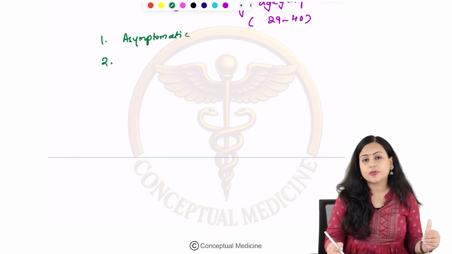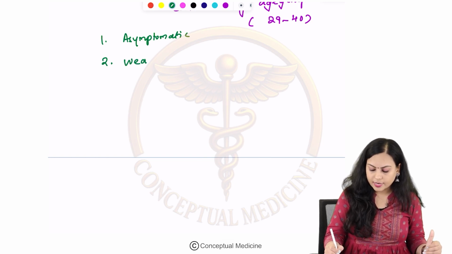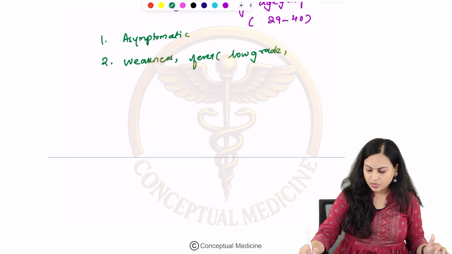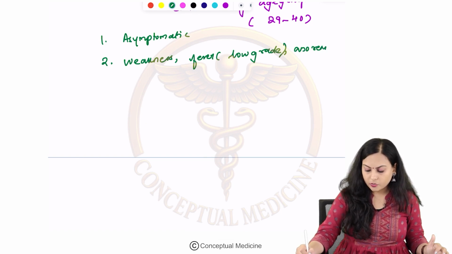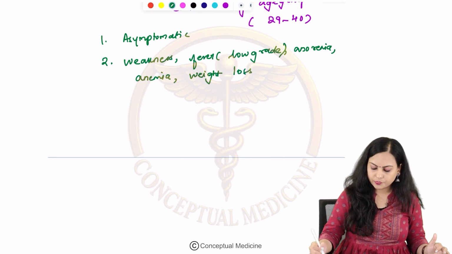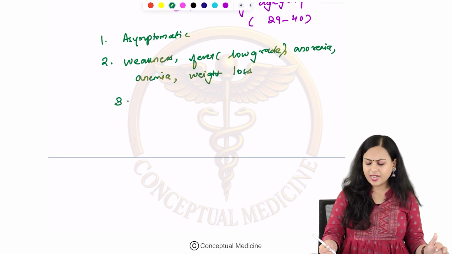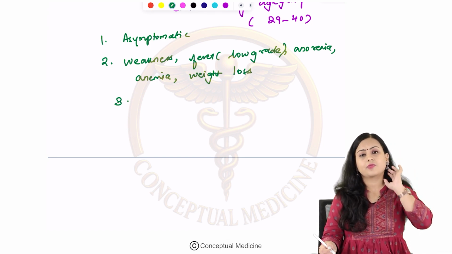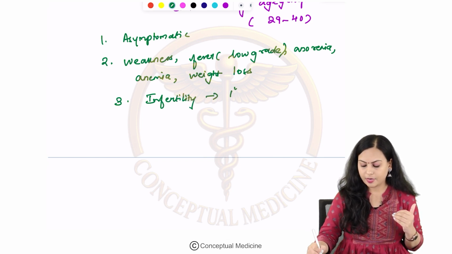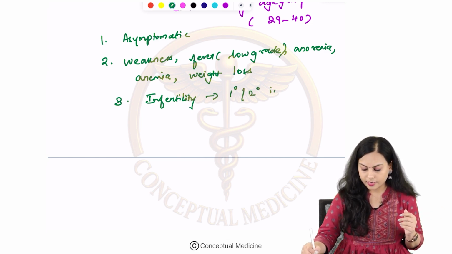They can present with common signs of tuberculosis like weakness, fever, which can be a low grade fever. There can be anorexia or anemia or else weight loss also. Okay? And the common complaint in these women, since they are presenting in the reproductive age group, is going to be infertility. And remember, it definitely need not be a primary infertility alone. It can be a primary infertility or even a secondary infertility also.